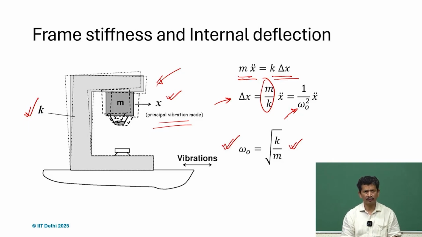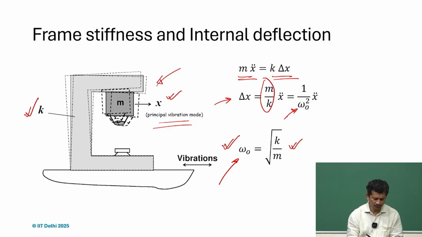We will talk about that when we cover dynamics, but in general, whenever we talk about vibrations related to machines, we talk about this principal vibration mode and omega 0, which is a function of the square root of k by m. K is the frame stiffness which is supporting, and m is the overall or equivalent mass which is suspended.